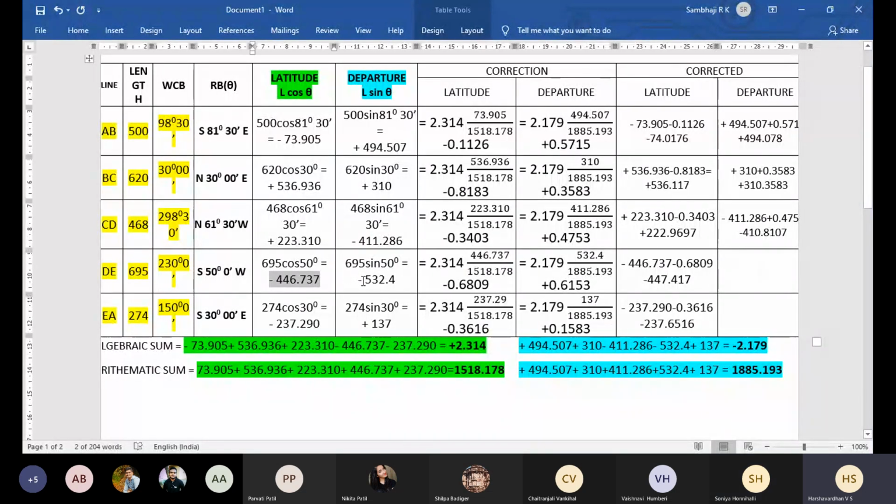Next, DE, departure is 532.4, and the corresponding correction is plus 0.6153. So the answer is minus 531.784.